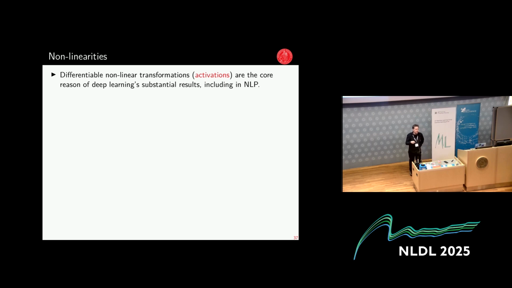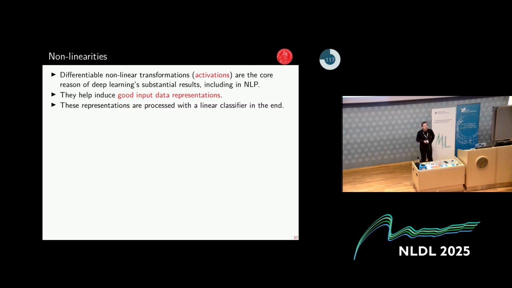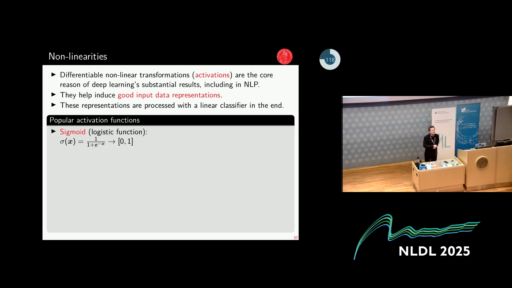So the usage of these nonlinear transformations was really one of the key revolutions in using artificial neural networks, right? These nonlinear transformations help to induce good input data representations, as in the example in one of the previous slides where we transformed the input so that it becomes linearly separable. So that's why we need this. And then once the data is transformed in such a way that it is linearly separable, we're using a simple linear classifier in the end, right?